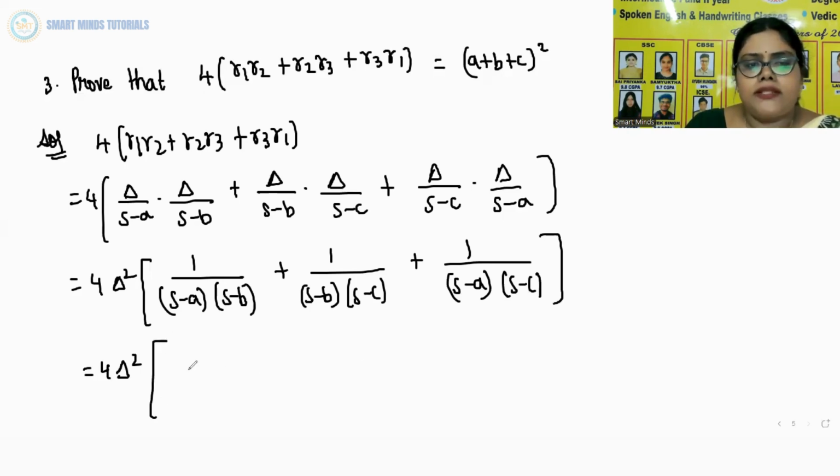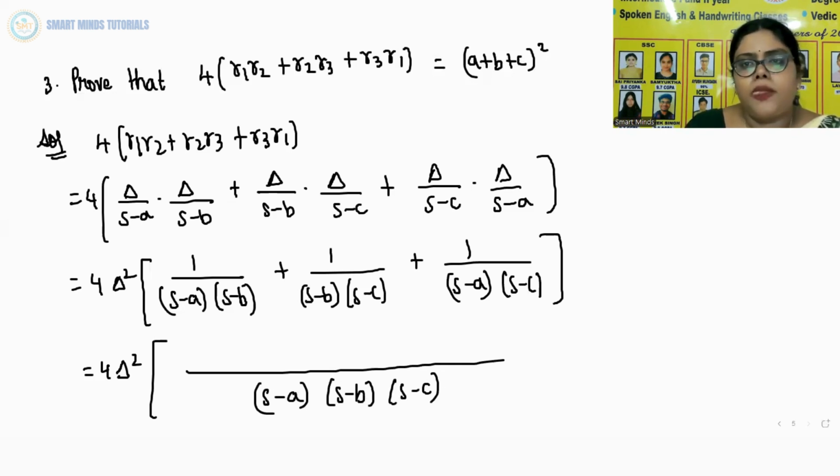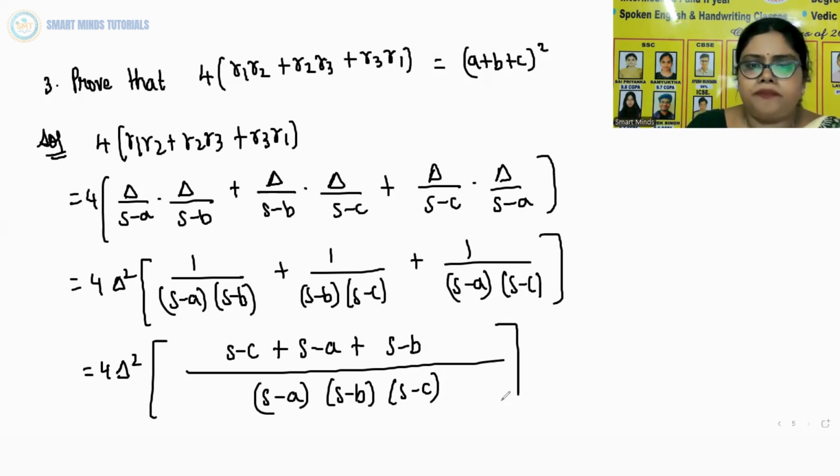LCM will be (S minus A)(S minus B)(S minus C). Now if you look at the denominator of the first term, you have S minus A, S minus B, but you don't have S minus C. So let us multiply its numerator with S minus C. So we get S minus C. The same way in the second term, we get S minus A. And in the third term, we get S minus B.